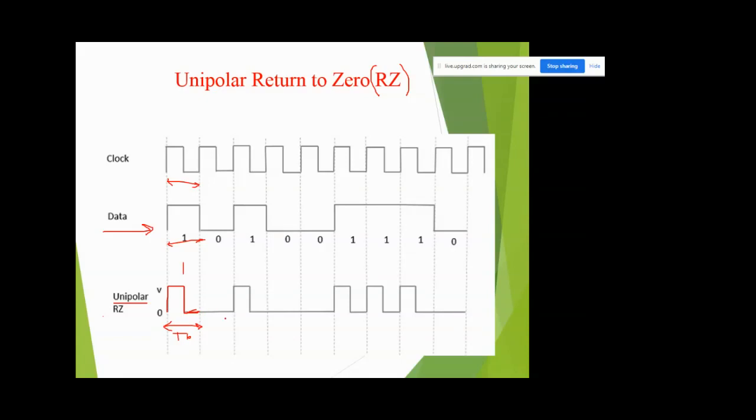And for bit 0 it is 0. Again for the next bit 1, half the part represents the voltage and the next half returns to 0. So this is unipolar return to zero: single polarity, returning to 0 for bit 1.